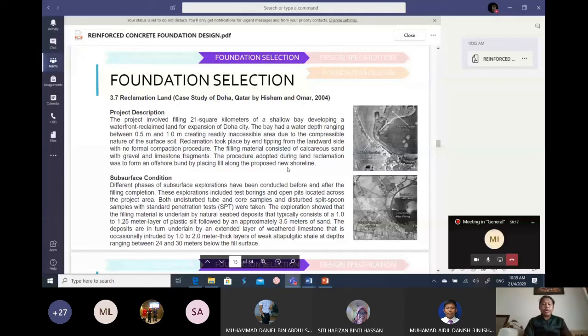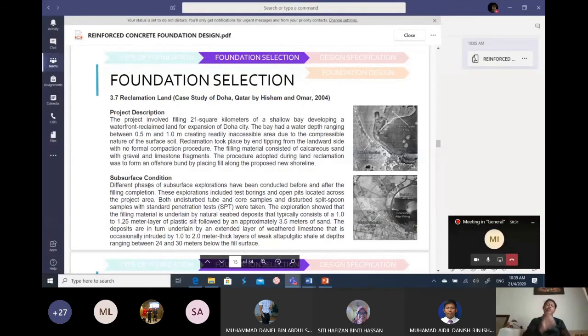Okay, and then we have to study the subsurface condition. So how to study the subsurface condition? We have to do the soil investigation. Different phases of subsurface exploration have been conducted before and after the filling completion.